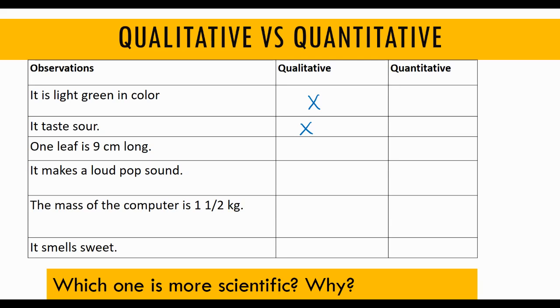That is a measurement, so it's quantitative. It makes a loud pop sound. Qualitative. It's descriptive. The mass of the computer is 1.5 kilograms. That will be quantitative. And we also have it smells sweet. Descriptive. So it's qualitative.